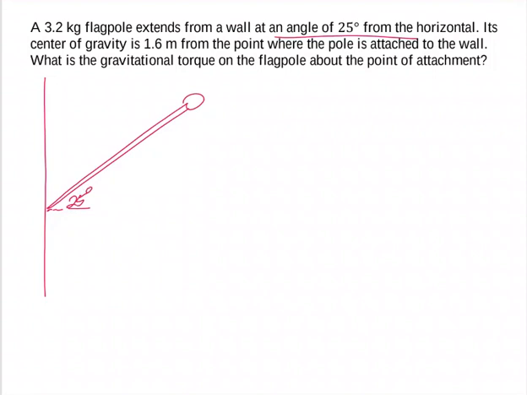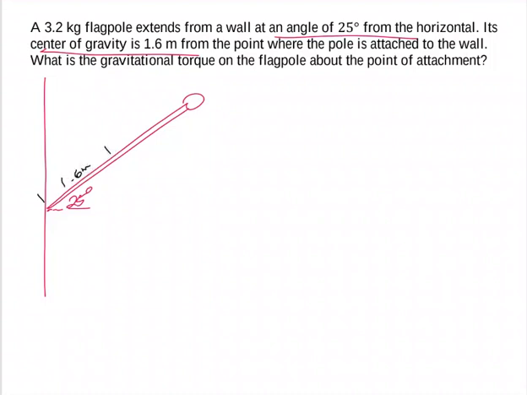Now, very important information: the center of gravity is 1.6 meters from the point where the pole is attached to the wall. So we go from the point where the pole is attached up 1.6 meters.